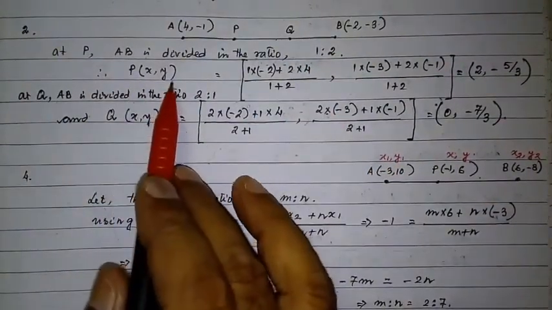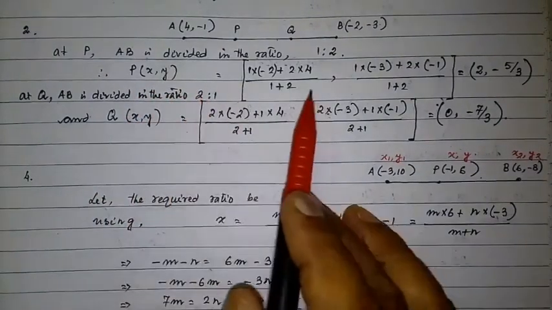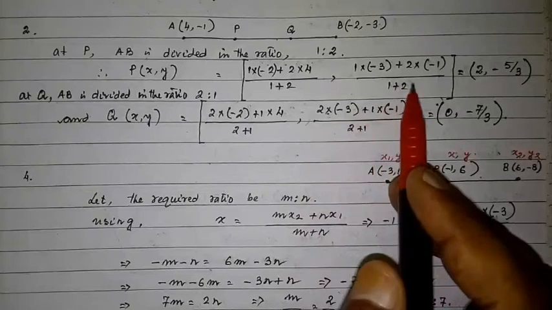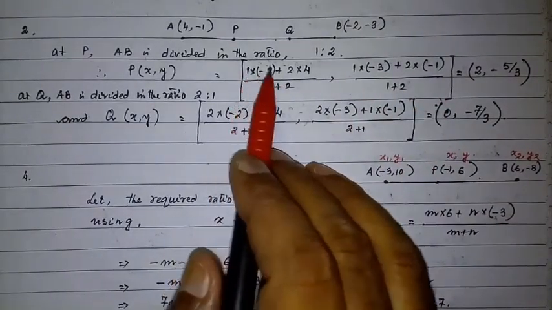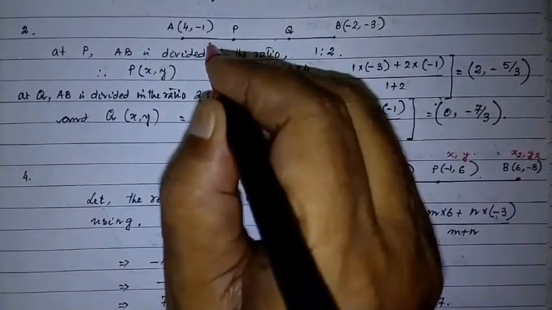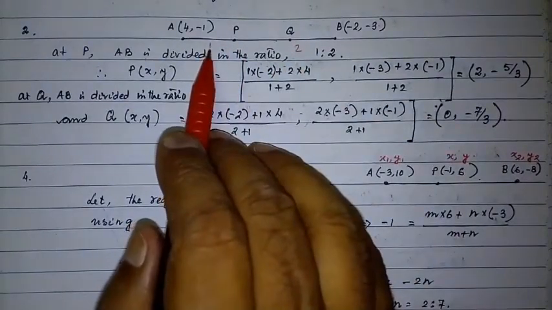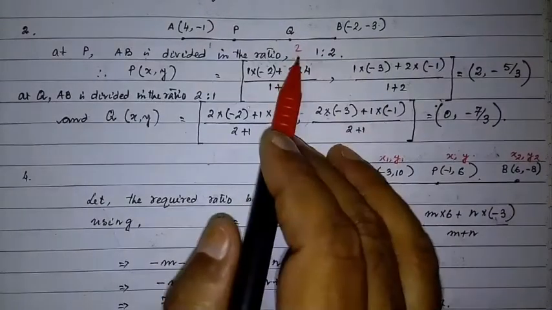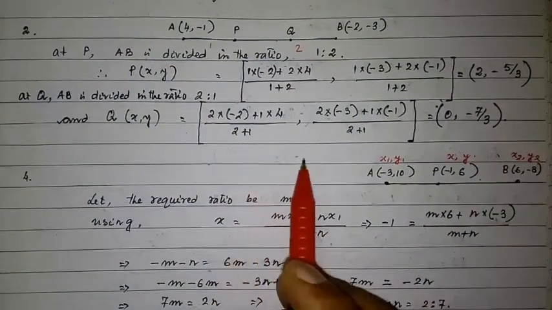Therefore P(x, y), that is x and y coordinates of the point P, using the same formula mx2 plus nx1 by m plus n and my2 plus ny1 by m plus n, we have, this side is 1 ratio and this side is 2. So mx2, that is 1 into -2 plus 2 into 4 by m plus n, that is 1 plus 2.